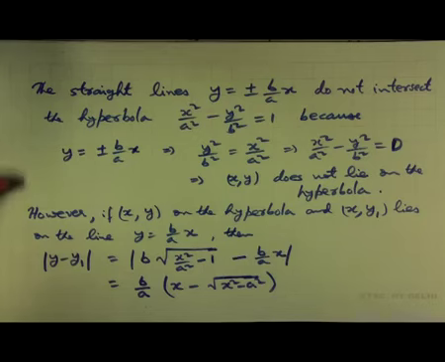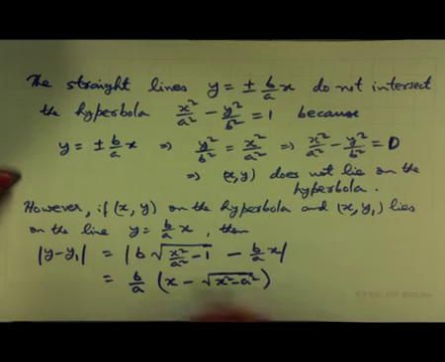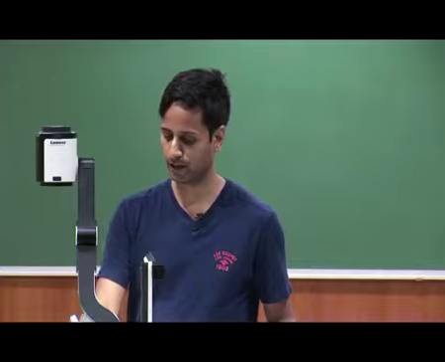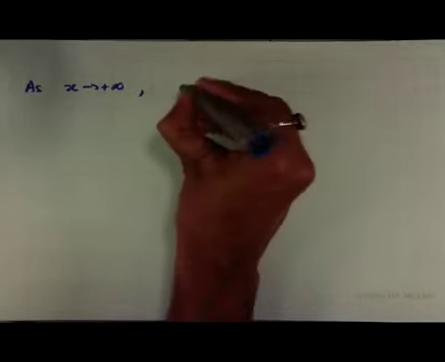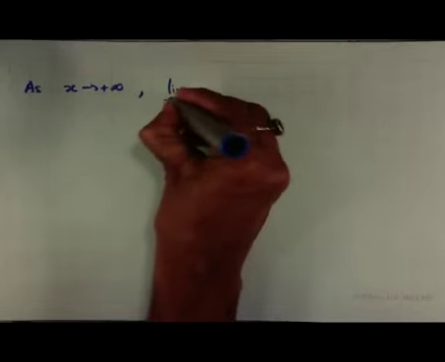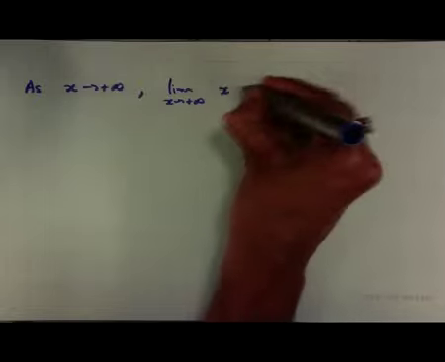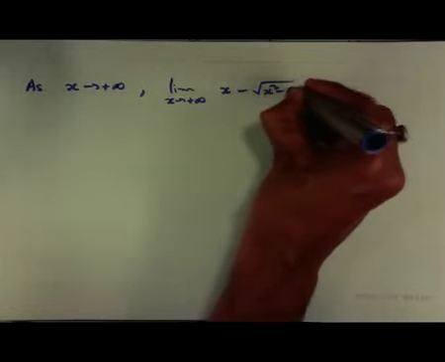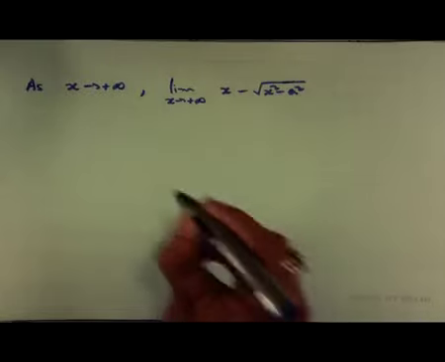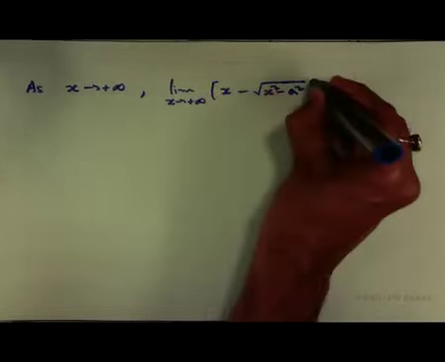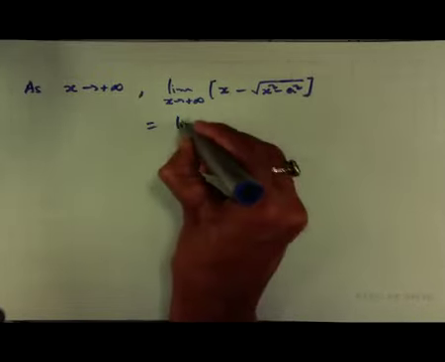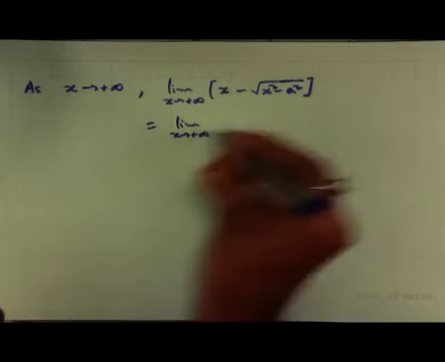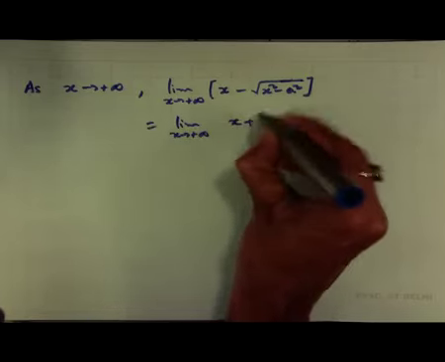Now, if you have done calculus, you can try to find what happens as x tends to infinity. So, as x tends to positive infinity, what is limit of x going to infinity of x minus square root of x square minus a square. To evaluate this limit, we multiply and divide by the conjugate.